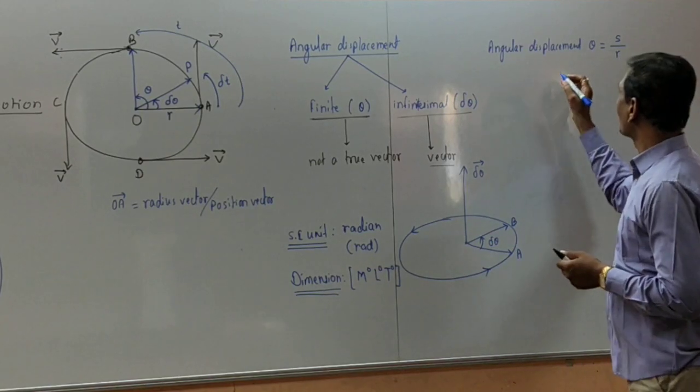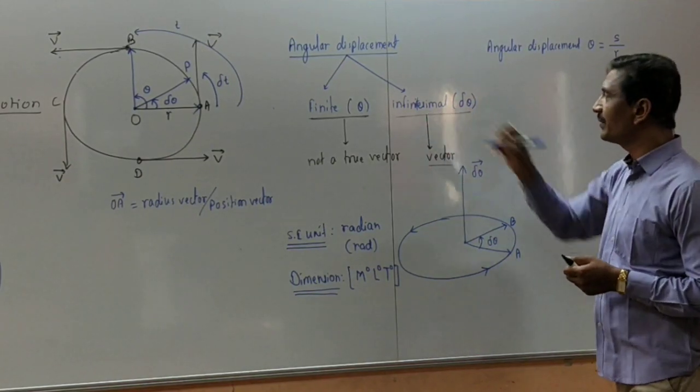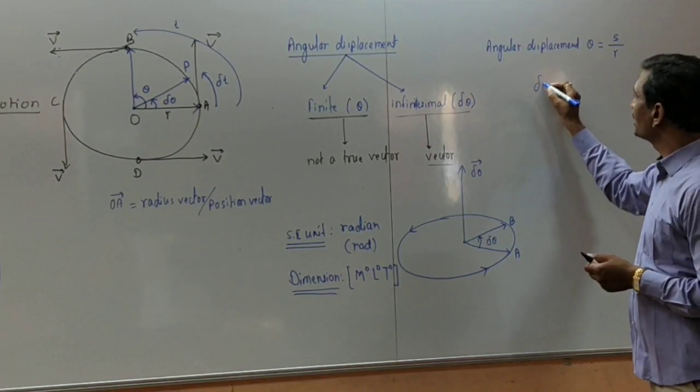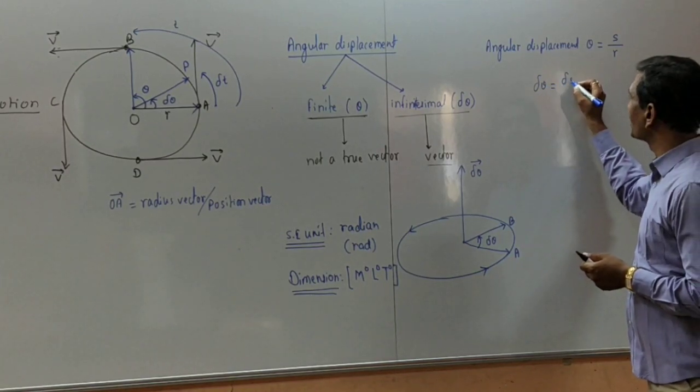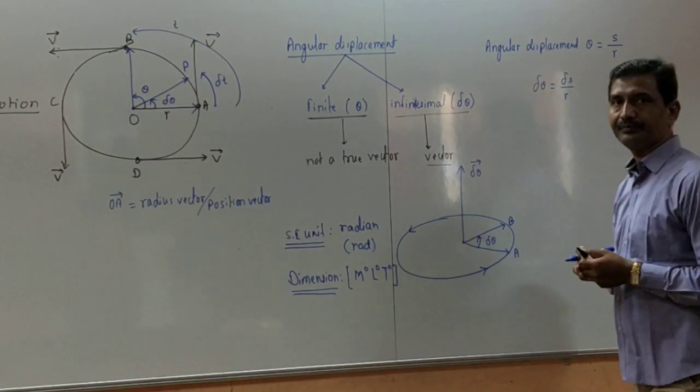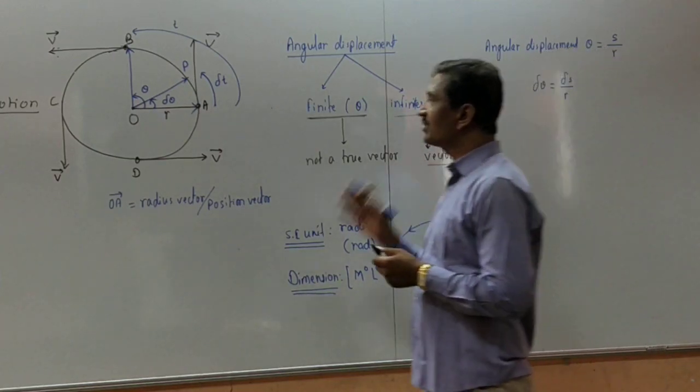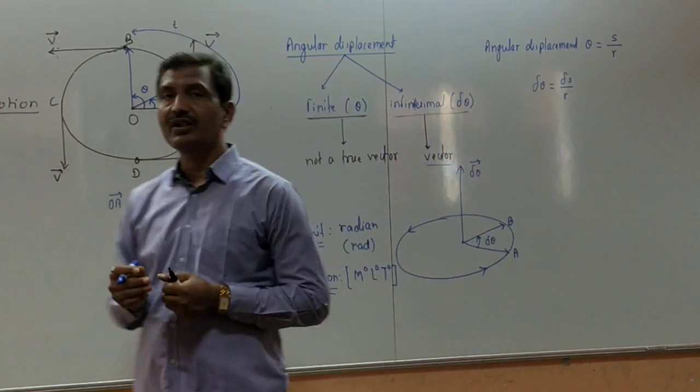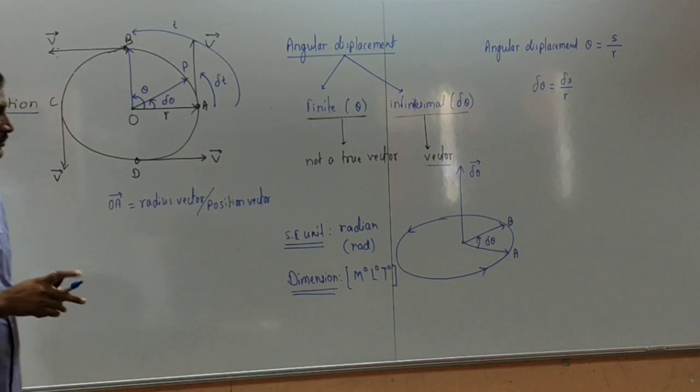If we consider the infinitesimal displacement, then delta theta is equal to delta S upon R. So this is our first physical quantity related to circular motion.